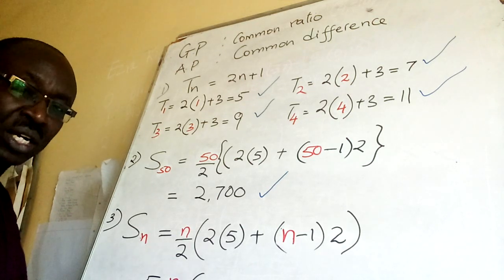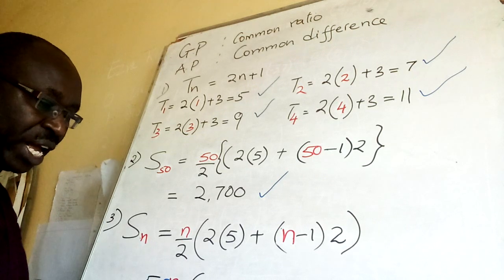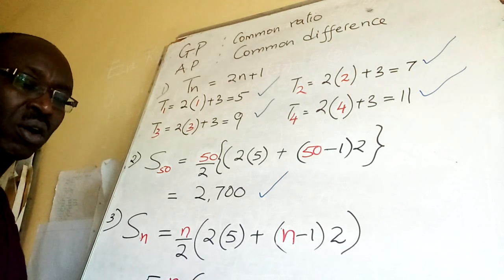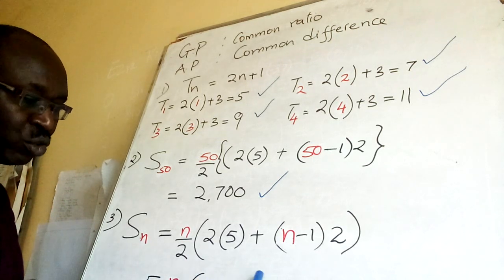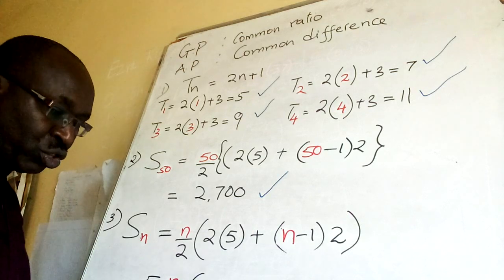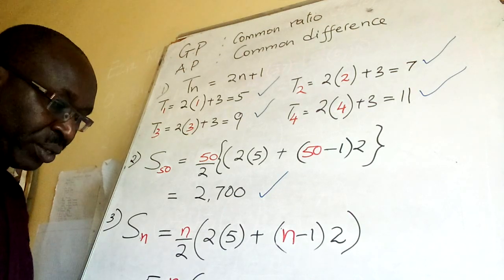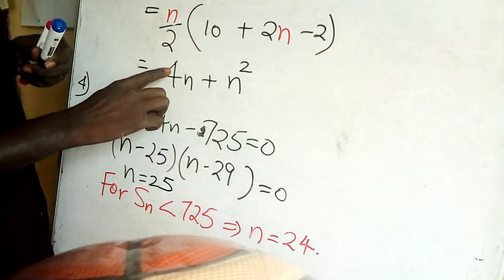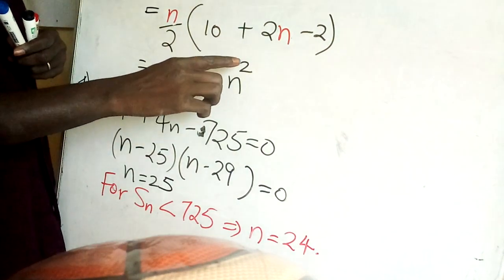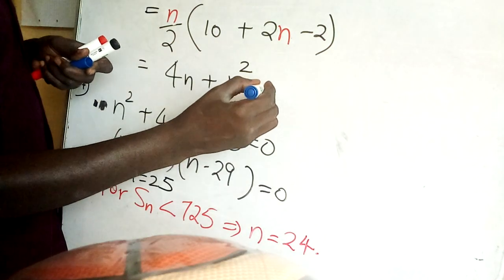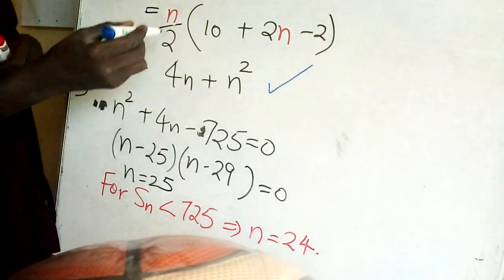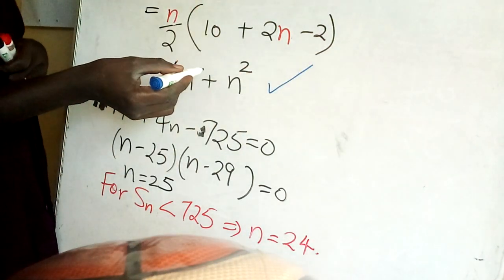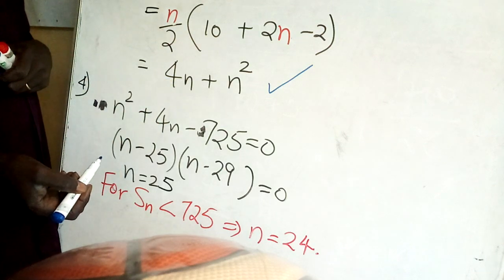The 2 outside cancels 2, so I remain with n in bracket 4 plus n. You have to compute this maybe one more step. Then what do we get now? We get 4n plus n squared. This will have proved it. So you have to go through 2, 3, 4 steps.